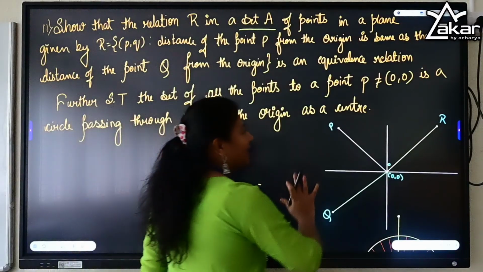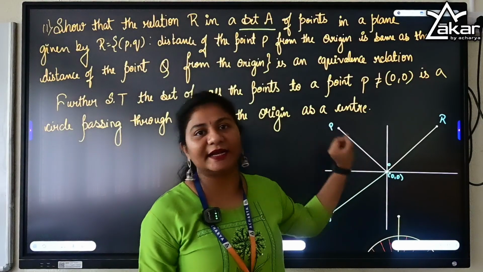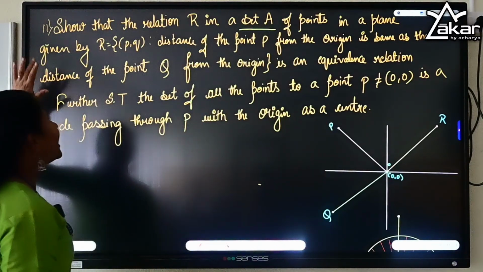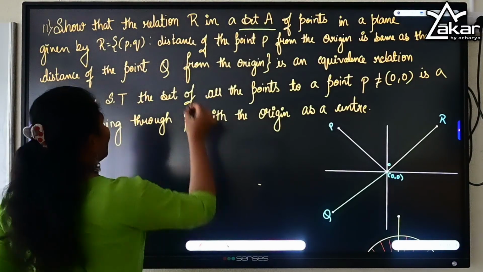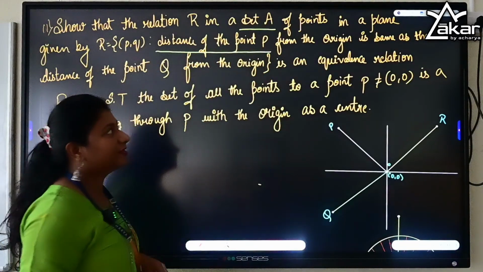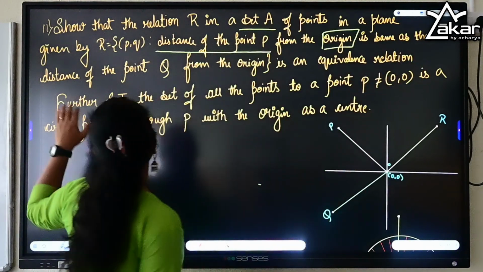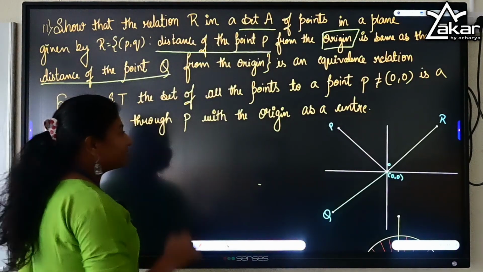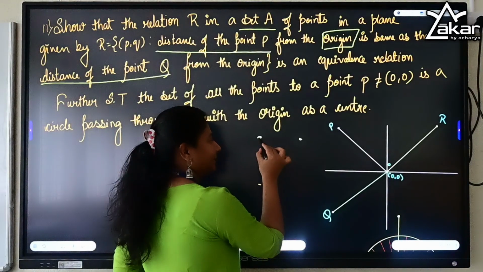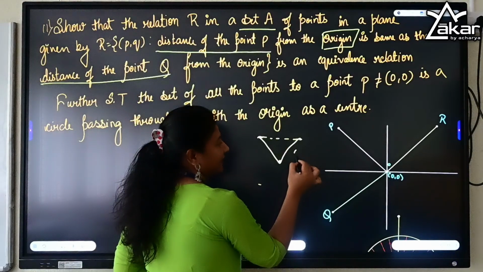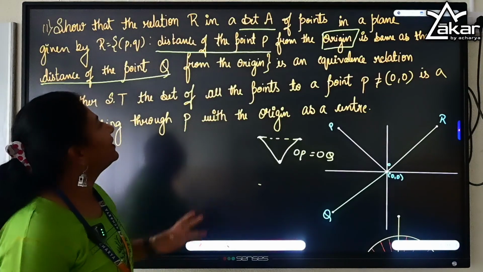Means, in the plane, each and every point belongs to the set of points A. The relation is defined as (P, Q) such that the distance of the point P from the origin is the same as the distance of the point Q from the origin. That is, OP is equal to OQ. Show that this is an equivalence relation.